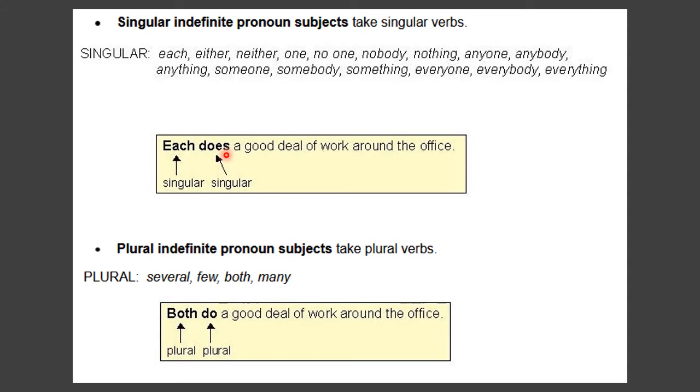So when the verb is next to it, you use the singular form as well. If it's plural, such as several, few, both, many, then you use the plural form of the verb.